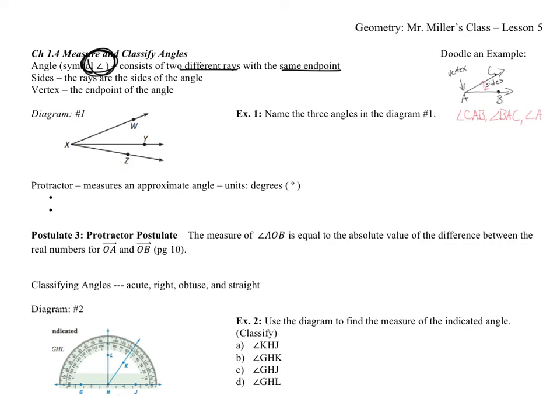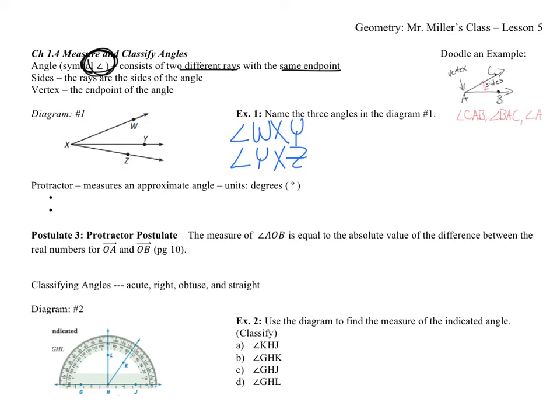So let's go ahead and look at diagram number 1 and my example 1. Name 3 angles in this diagram number 1. So let's go ahead and name these. If you want to try to, pause the video, name them, and then come back. So we have angle, and I'm going to start on the top, WXY. I have another angle, YXZ.